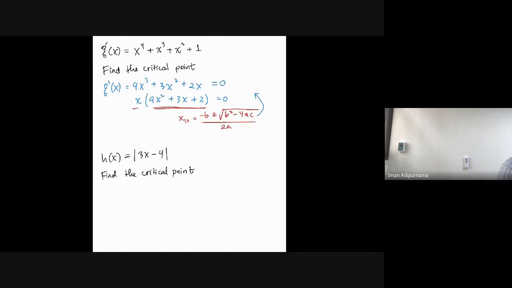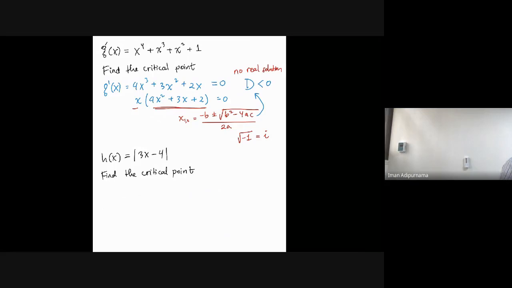But I hope you still remember. So this is usually called d, the discriminant. Okay. So if d is less than 0, meaning you have no real solution. So you will have an imaginary number. Okay. Imaginary number is if you have a square root of minus, it's defined as i.